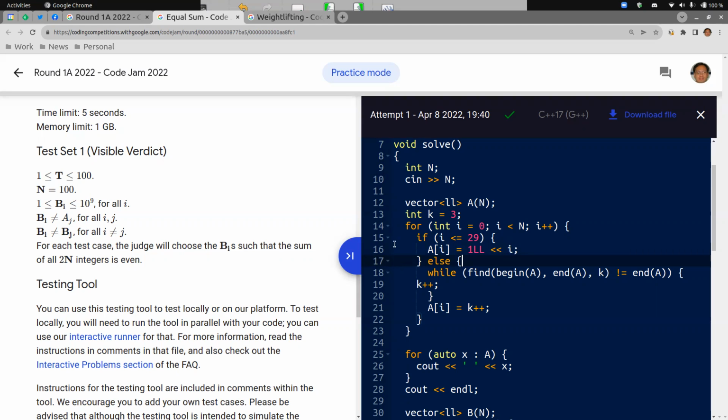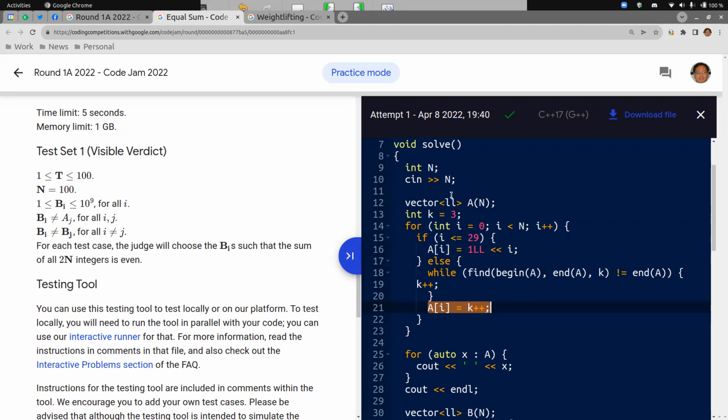So the first part of the array is just powers of 2. And then for the second part, I didn't really care how I do it. It's not very efficient, but basically I just loop through all these numbers, 3, 4, 5, 6, 7, etc. As long as it's not already in the array, I add it. So this fills in the rest of it, 3, 5, 6, 7, all the non-powers of 2, until I have enough.